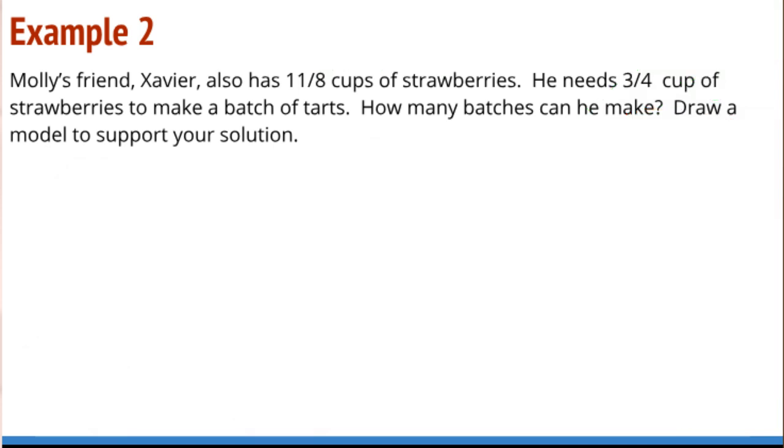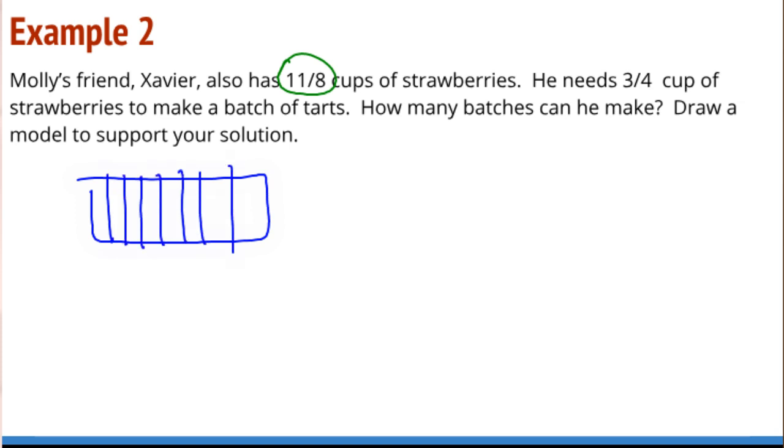Now, I'm pretty sure in your workbooks that yours says 11/8 cups of strawberries, so that's pretty poor reading on my part. So I'm going to quickly set this up and do this as 11/8. So I've got my 1, 2, 3, 4, 5, 6, 7.